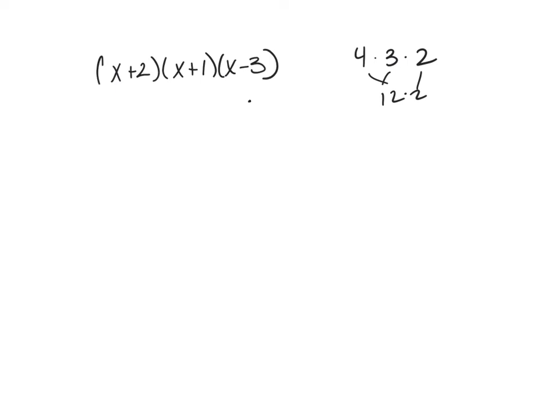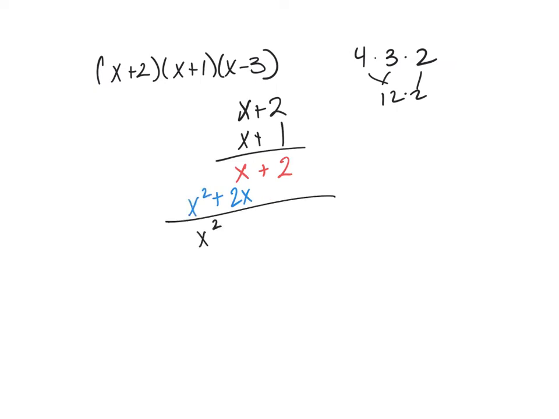So we're first going to do x plus 2 times x plus 1. And again, 1 times the 2, 1 times the x, and then x times the 2 and x times the x. So I get 2, right? 1 times 2 is 2, 1 times x is x, and then x times 2 is 2x, and x times x is x squared.